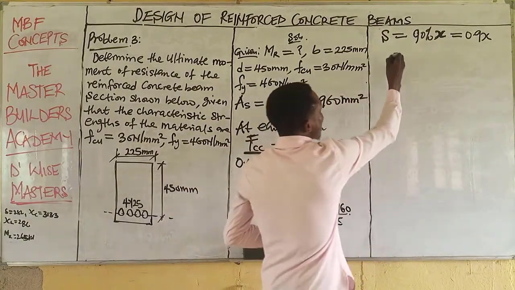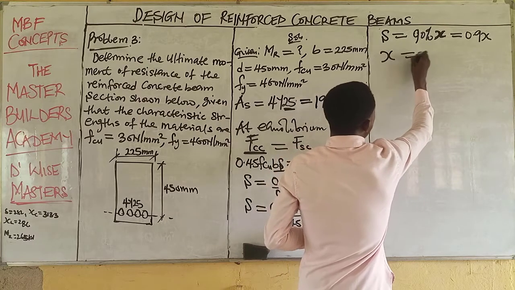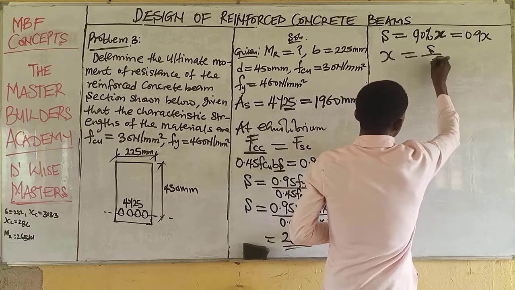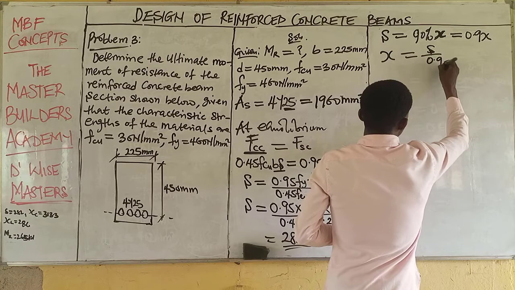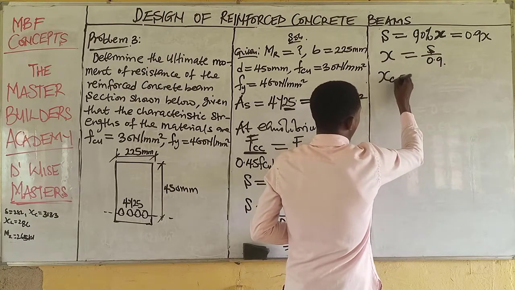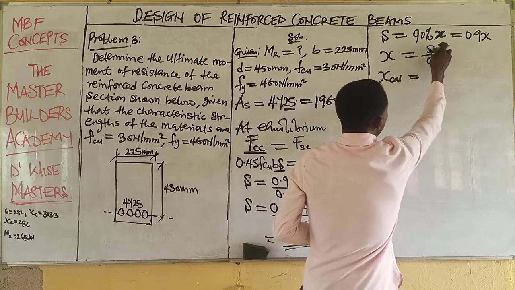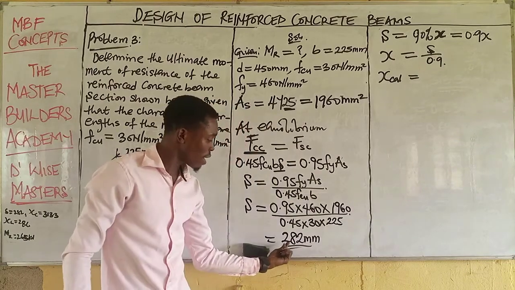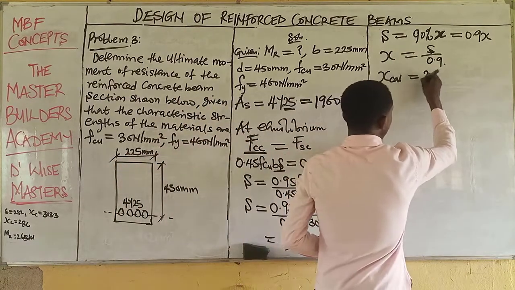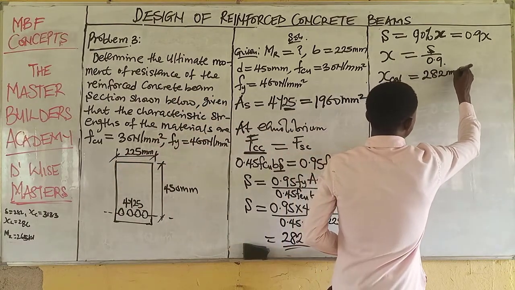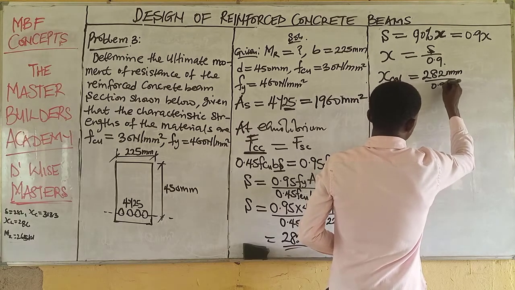And now if we make x the subject of the formula, we will have x equal to s all over 0.9, and then we have s as calculated. Then the value of this is 82.82, and we put down 82.82 millimeters, all divided by 0.9.